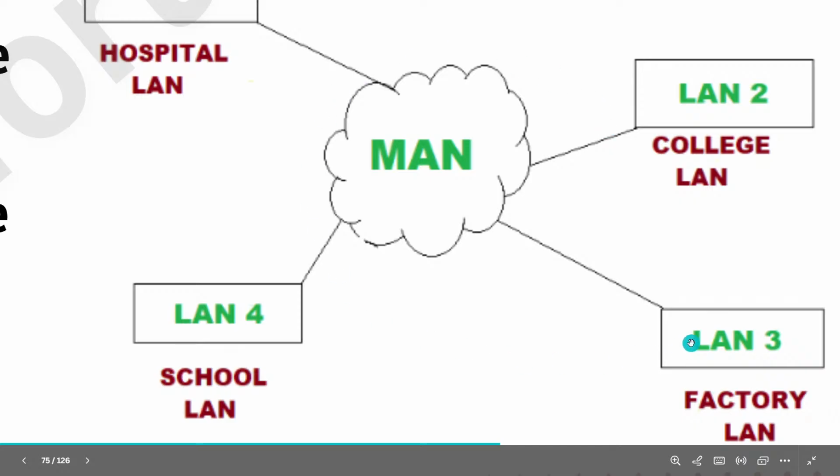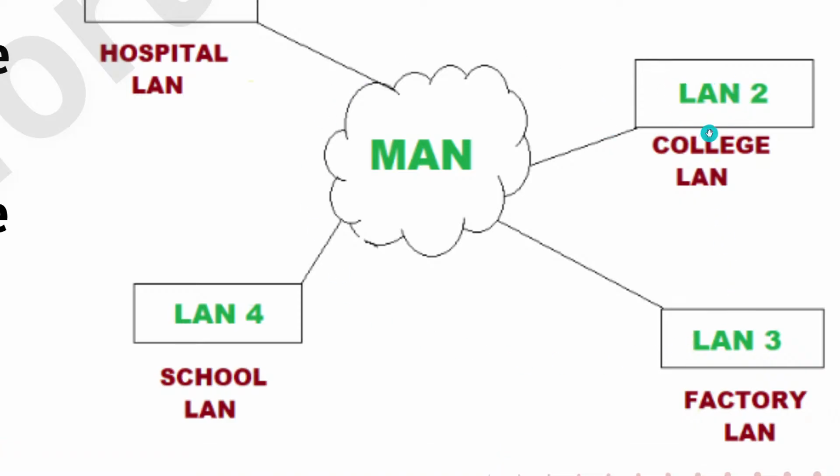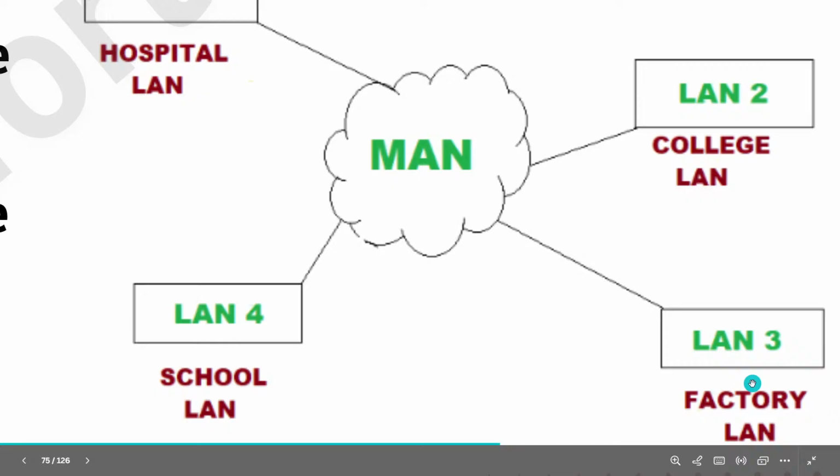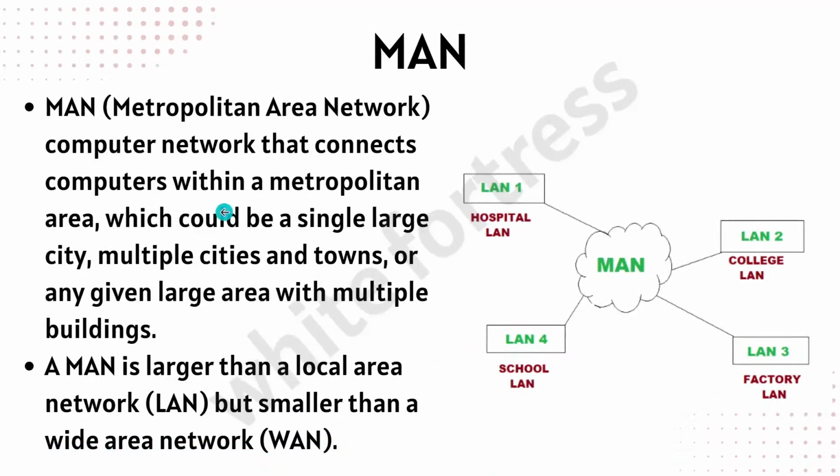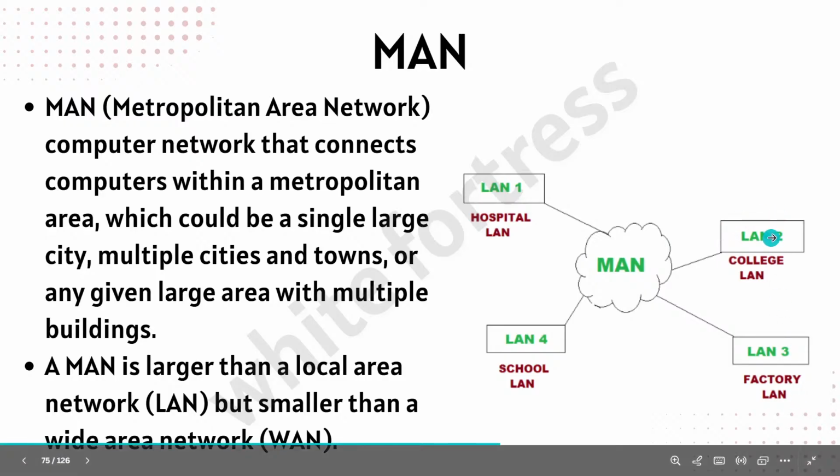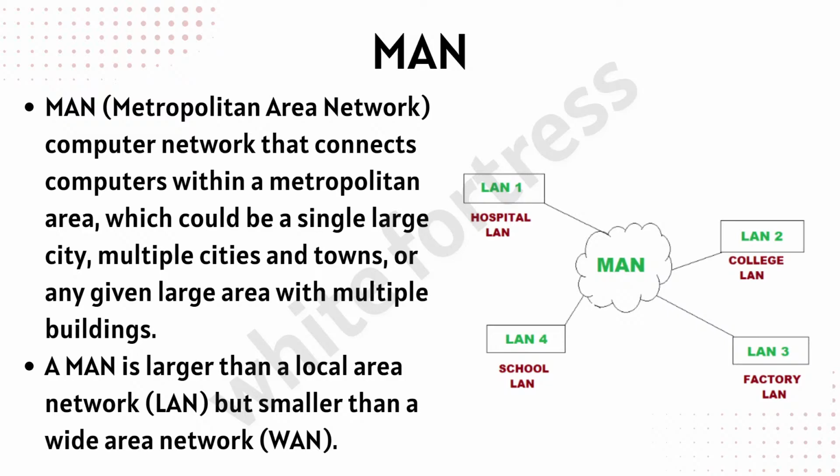College is in another city and factory LAN is in another city, and I want to make them communicate with each other. That's it. Two LANs connected together, trying to communicate with each other or asking for data from one side to another side.